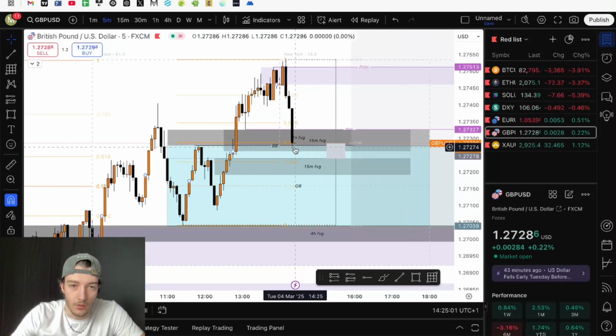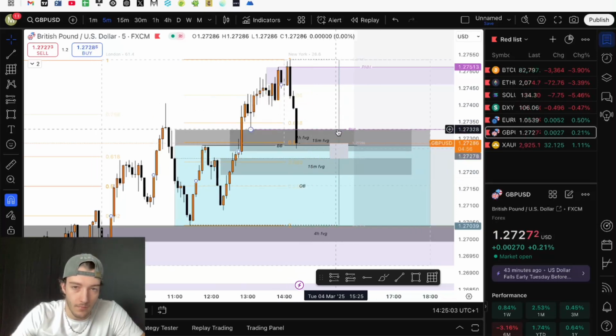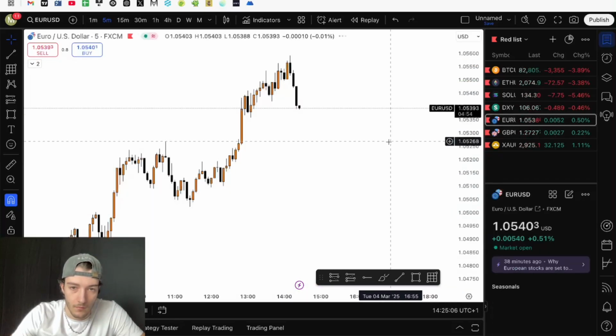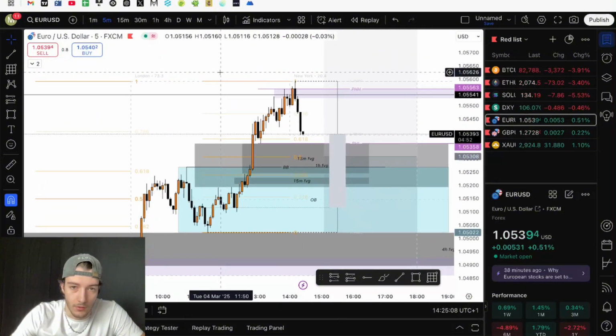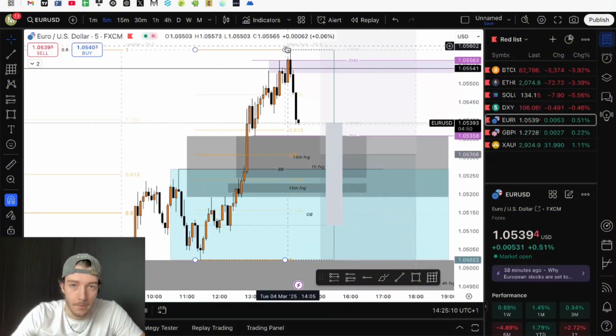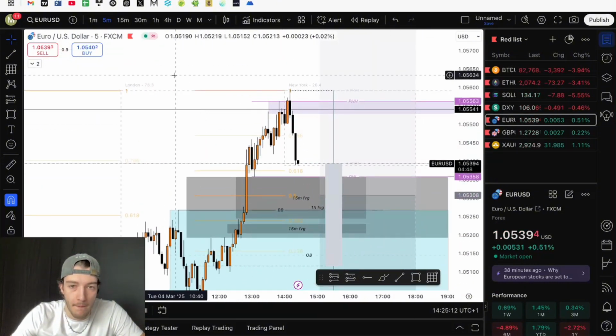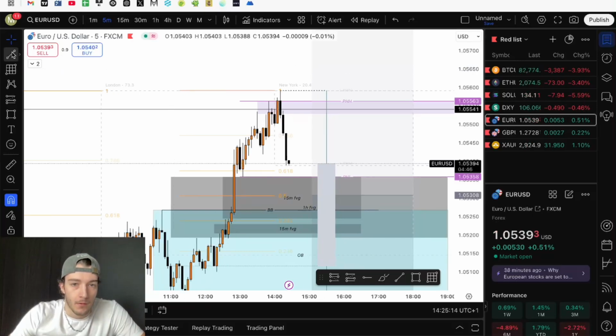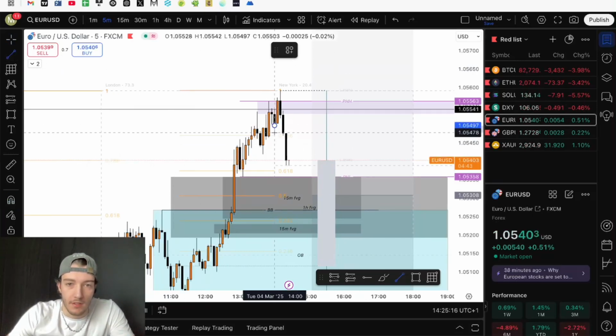GU has reached our order block here. Euro is still a bit far. We broke structure to the downside with this candle.